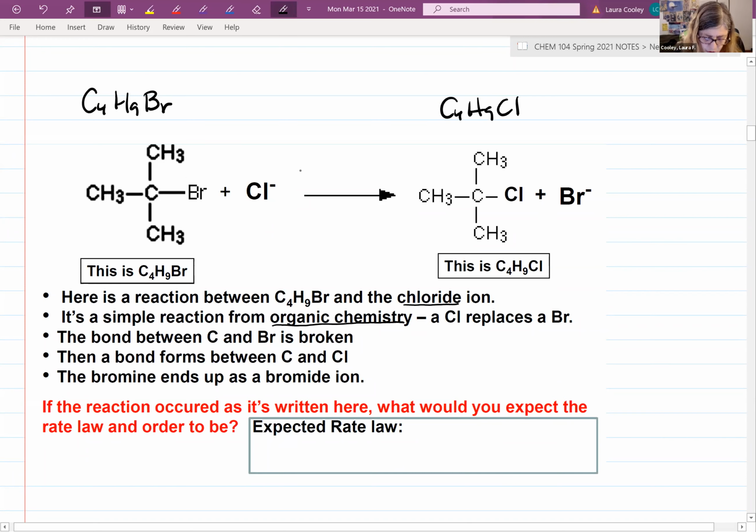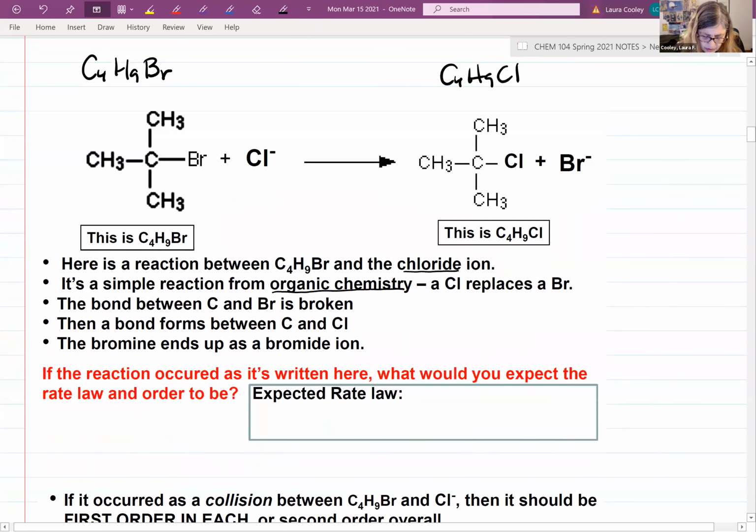Okay. So let me ask you something. Well, let me first say, the bond between the carbon and the bromine, this bond here, is going to have to break. And this bond here is going to have to form. But how that happens, there's a few different ways it could happen.